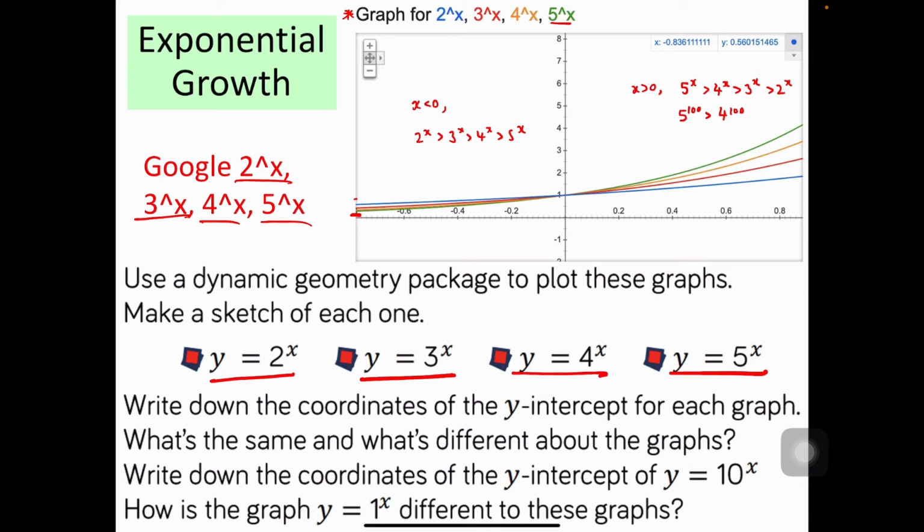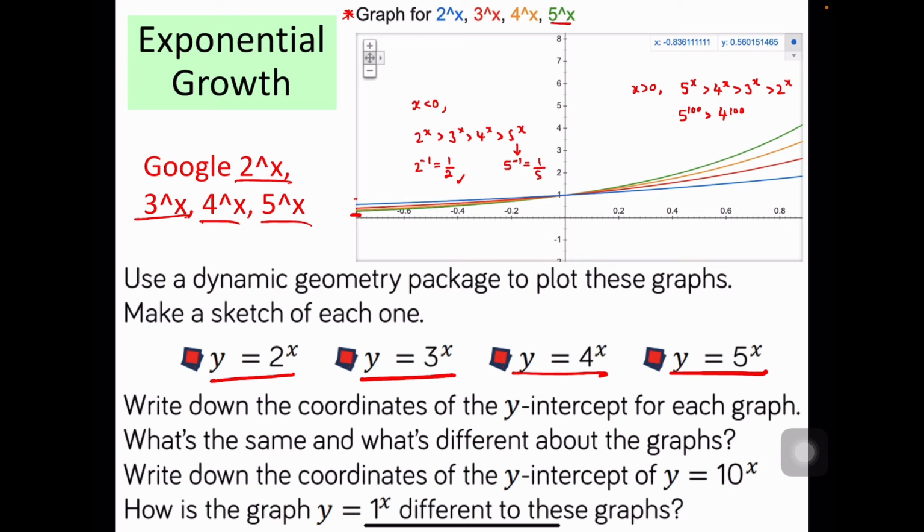Let's keep it very simple. 2 to the negative 1 equals a half. Now let's do the same here. 5 to the negative 1 equals 1 over 5. Which is larger, 1 over 2 or 1 over 5? Of course, 1 over 2 is larger than 1 over 5.